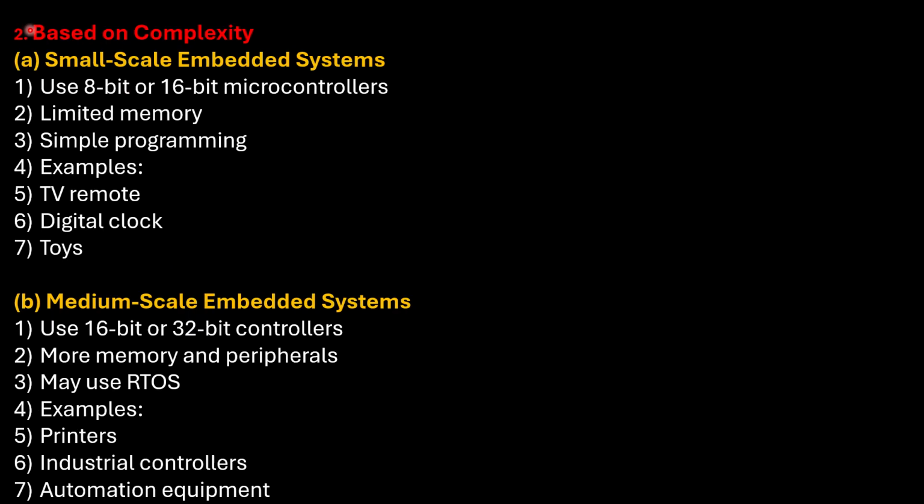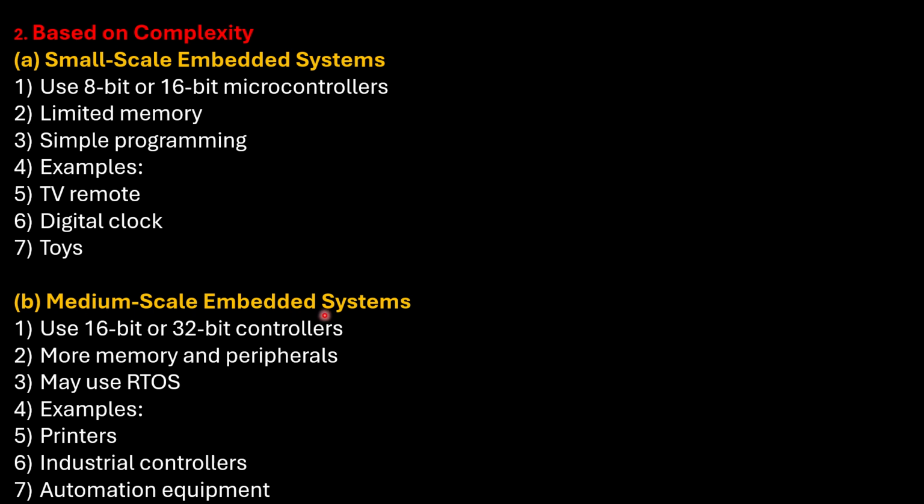Now classification based on complexity. A. Small scale embedded systems use 8-bit or 16-bit microcontrollers. They have limited memory. They use simple programming. Examples are TV remote, digital clock, and toys.